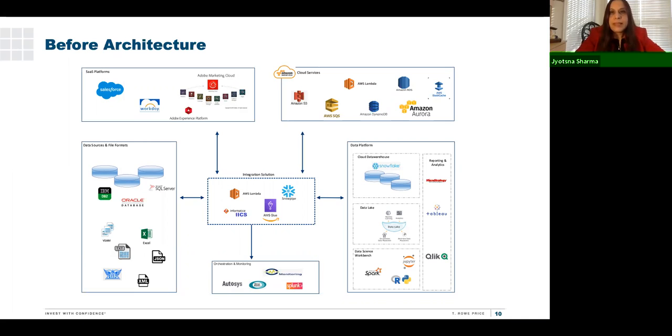And if you focus right in the center of the diagram, you'll see the services we were using for data integration and process automation. We had AWS Lambdas, we had Informatica IICS, we were using Glue, Snowflake, Snowpipe, to name a few, plus custom coding.